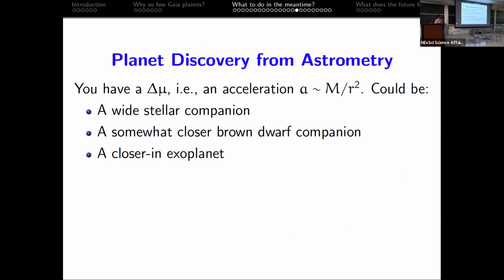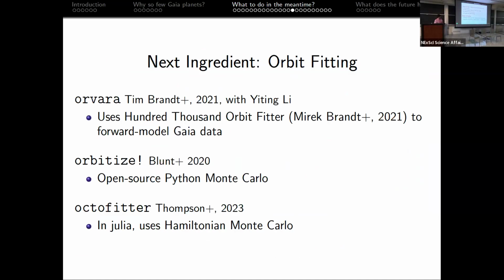Okay, so as the author of one of them, I will try to be as unbiased as I possibly can. We wrote Orvara intending to be as computationally efficient as possible and to integrate this Hipparcos-Gaia catalog as seamlessly as possible. I think we did pretty well on the efficiency. I think we did well on the integration.